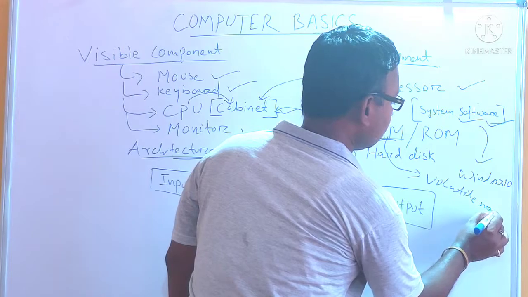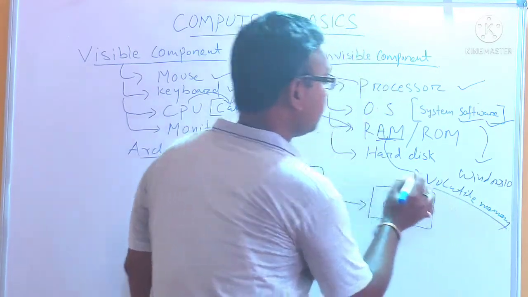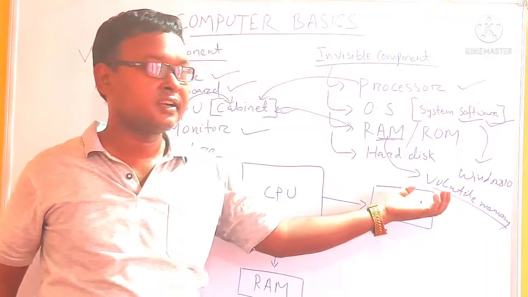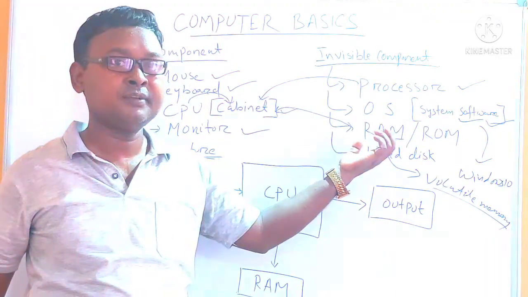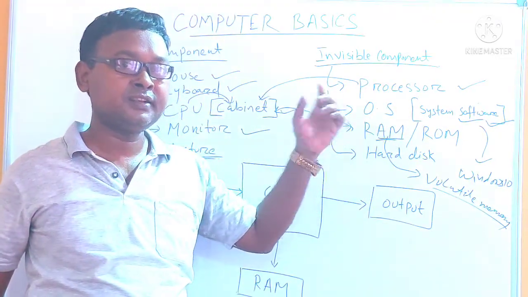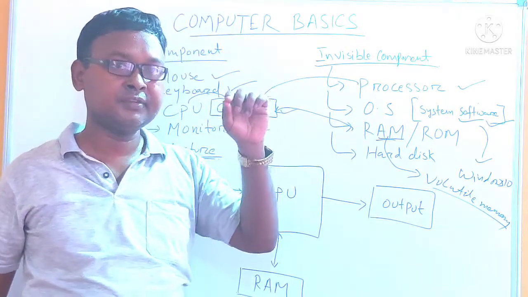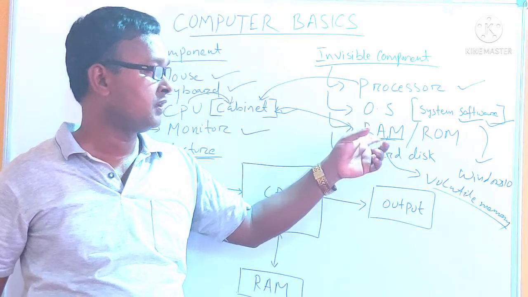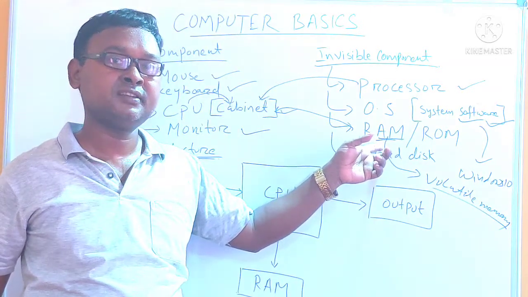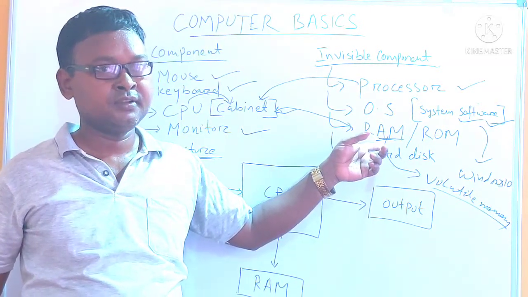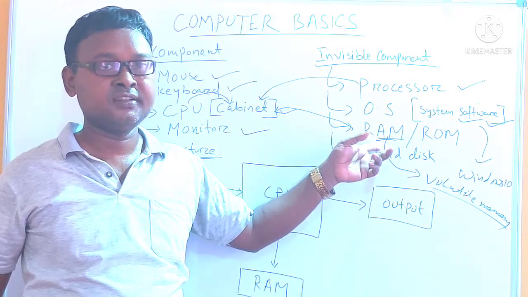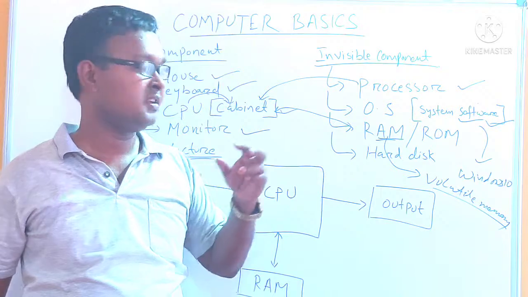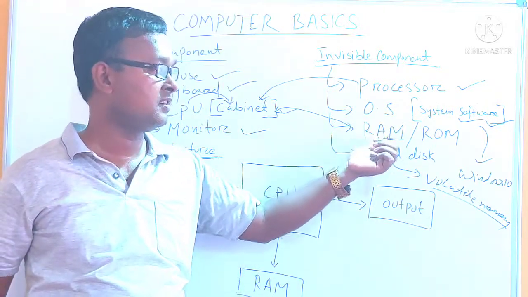Volatile memory means that whatever instructions or data are in the RAM are retained only as long as your computer system is switched on, that is, as long as power supply is there. Whatever instructions and data are written in the RAM are kept.